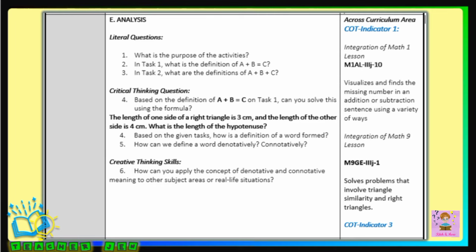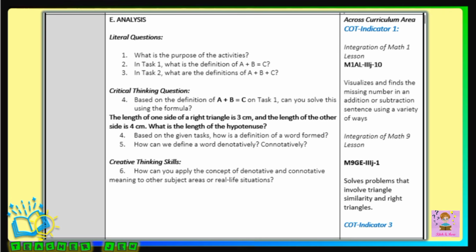The integration of Math 9 lesson is visible in which the learners are asked to solve problems that involve triangle similarity and right triangles. This task requires students to apply their knowledge of geometry and trigonometry to real-world situations.